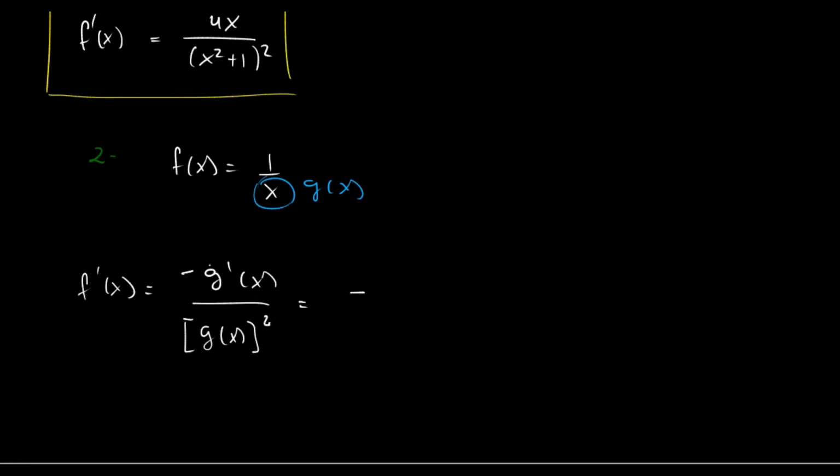So this is minus g prime, the derivative of x, which is 1, divided by g of x squared, and that is x squared. So then this derivative is minus 1 over x squared. And as I said, this is a very common function, so it's one that you'll probably see very, very often.